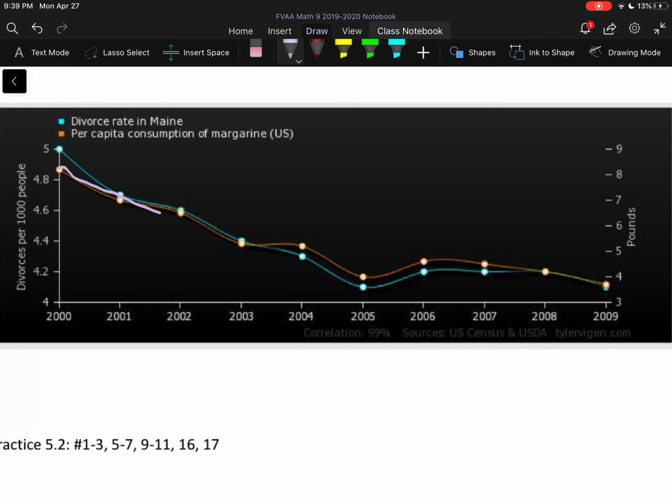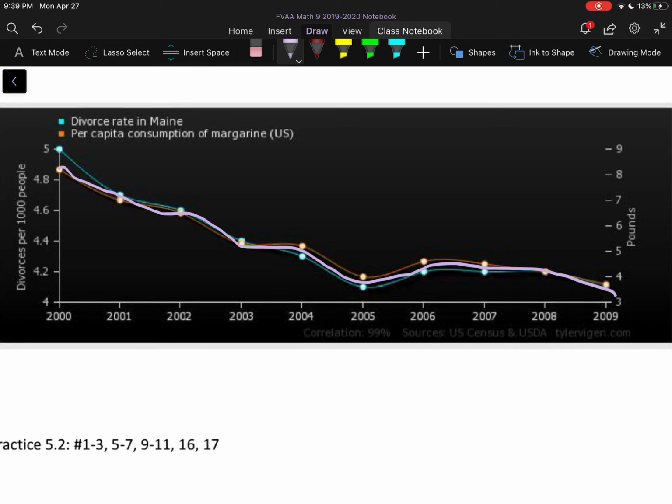Because you see that they both dip very similarly to each other. So all these self-help books that tell you five steps to having a happy marriage, blah, blah, blah. No. All you need to do is cut margarine out of your life. That's all you need. Just kidding. Obviously, this is another example of how lines can move together, but for completely random reasons and not actually one causing the change in the other.